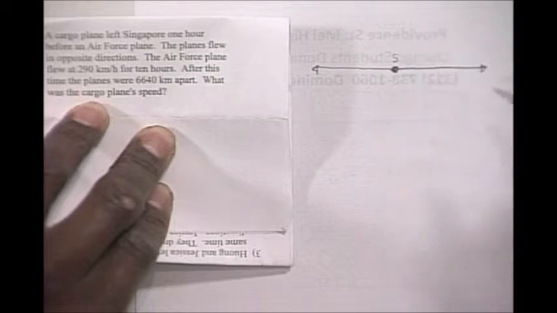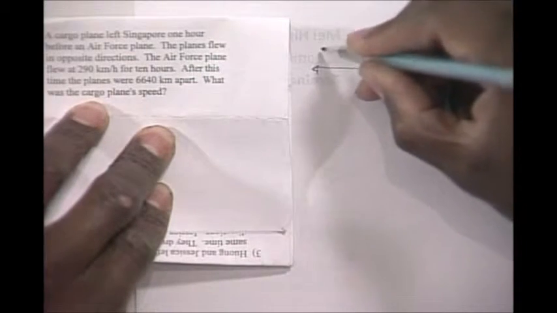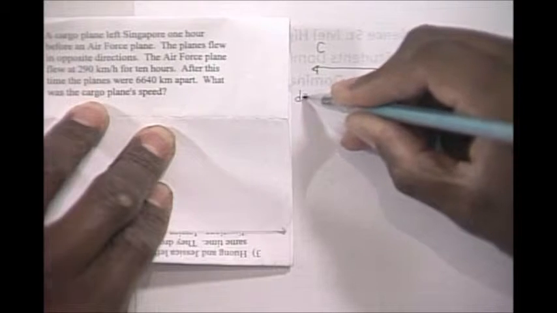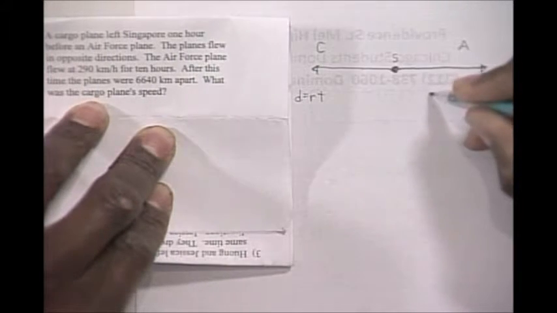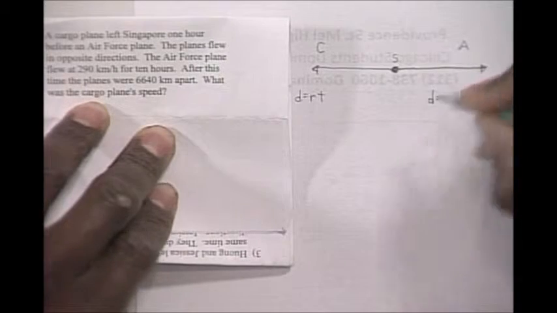This is Singapore. Let's call this C for cargo, and let's call this A for Air Force. All right, so distance equals rate times time. For both the Air Force plane and the cargo plane, D is equal to RT.